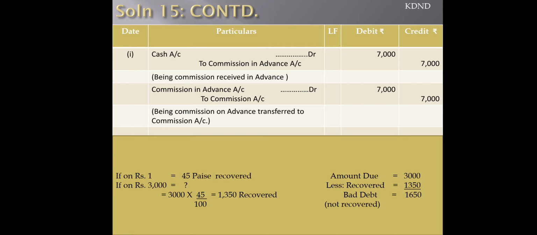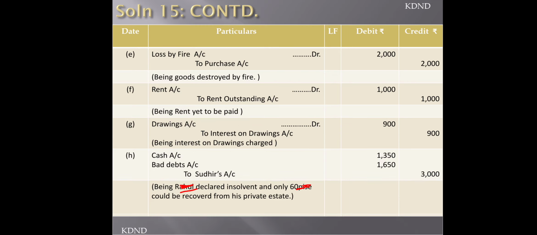Ultimately bad debt is 1,650. So you will get your entries like this: cash account debit 1,350, and at the same time bad debts account 1,650, and to Sudhir it will be 3,000.